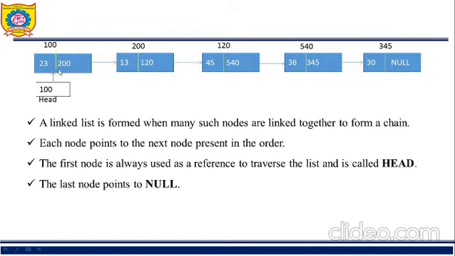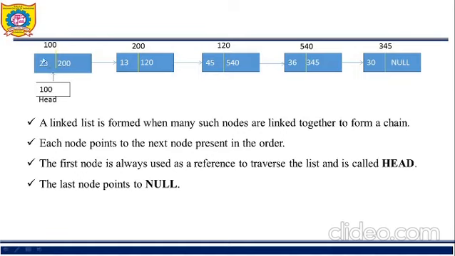Now this is the first node, and its address is stored in one special node called the head node, somewhere in memory, in which this 100, the starting address of the list, is stored.